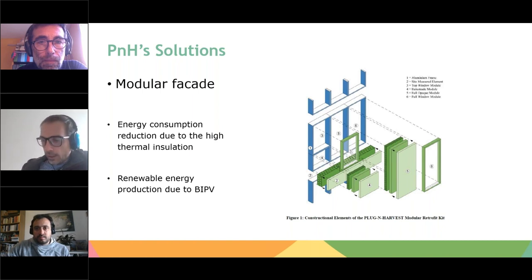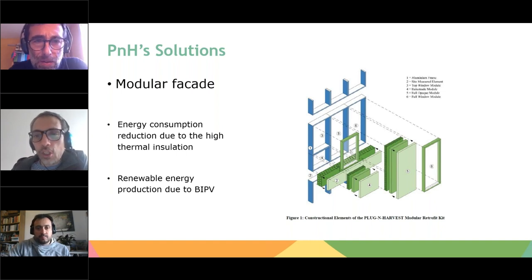It was designed using these circular design requirements, so that anyone with an interest in this solution could produce it, like many manufacturers in the market, and then adapt it to the local or regional climate conditions.